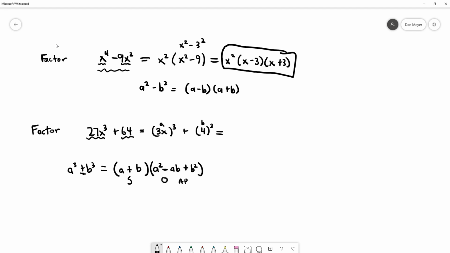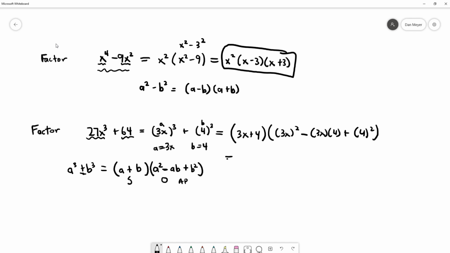Anyways, now that I've identified my a and my b, you may have to identify these things more explicitly, like say, 3x is playing the role of a and 4 is playing the role of b, so that you can plug the right things into this formula and take it slowly. I get a plus b, that's 3x plus 4. That part's easy enough. Then a squared would be 3x squared, minus a times b, which is 3x times 4, plus b squared, which is 4 squared.